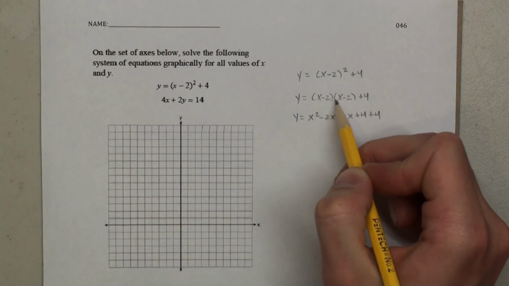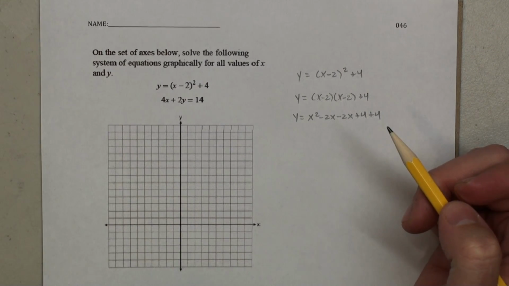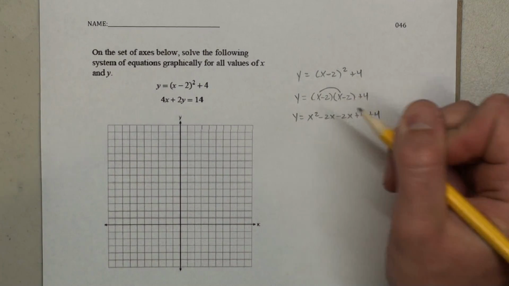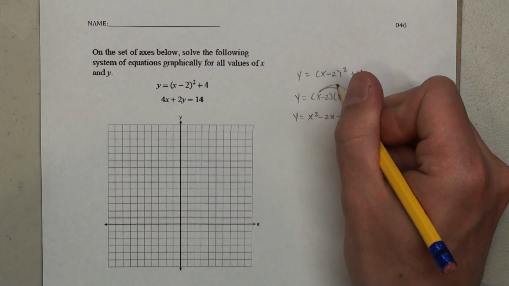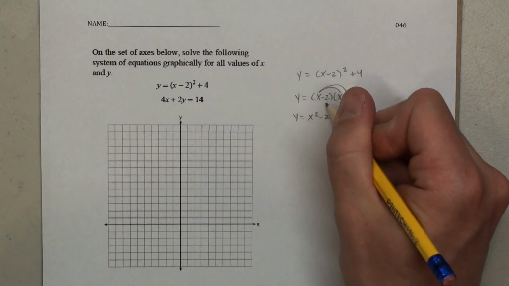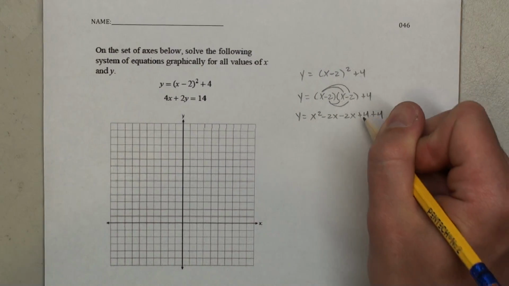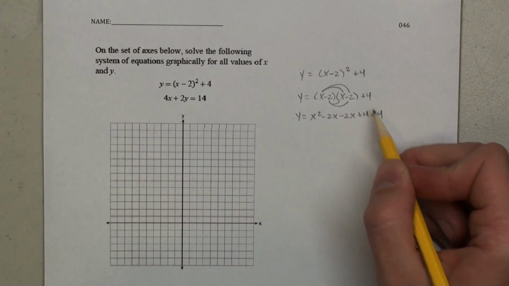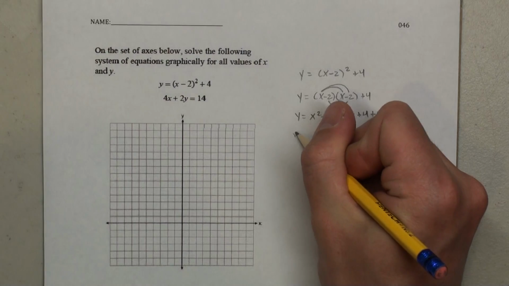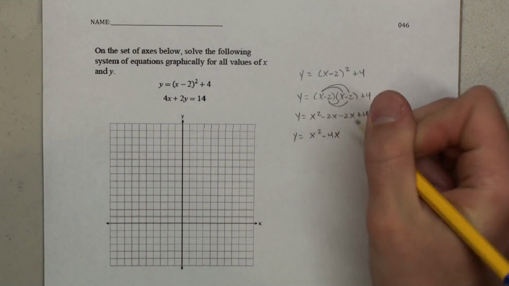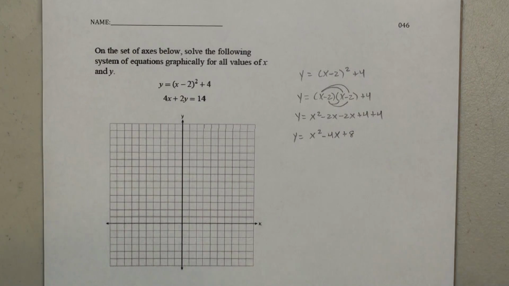X minus 2 squared is the same thing as x minus 2 times x minus 2. Then if I do FOIL, I'm doing x times x, which is x squared, x times -2, which is -2x, -2 times x, which is -2x, and -2 times -2, which is positive 4. Then I still have my plus 4 at the end. Keep going. X squared minus 4x plus 8.